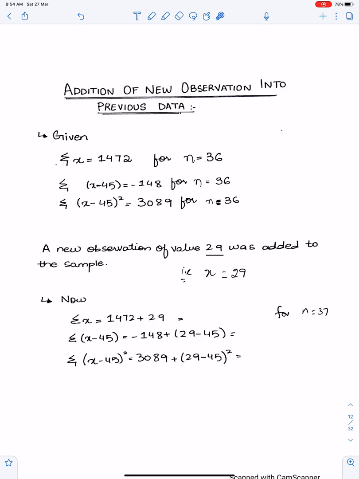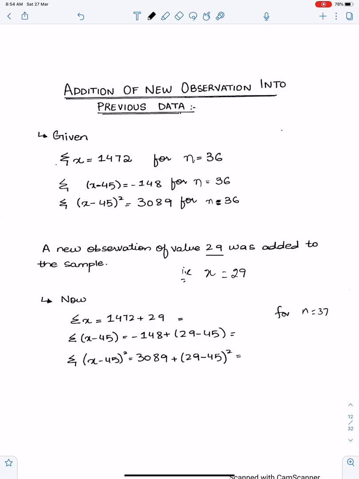But you cannot add 29 into this data, because this is not x, this is x minus 45. So you need to add 29 minus 45 into this to get sigma x minus 45 for 37 observations. This concept is extremely important.